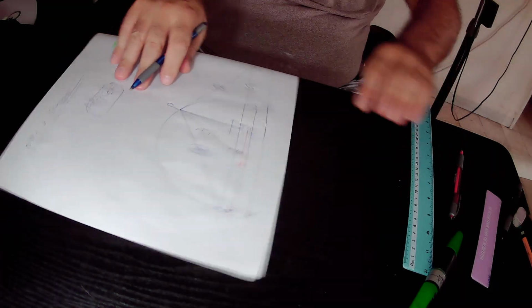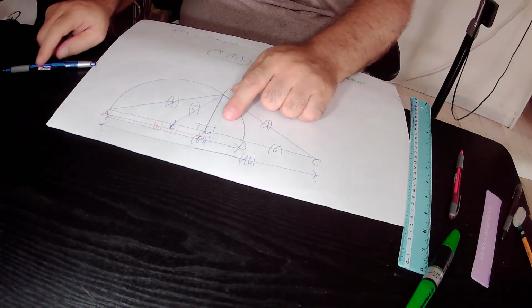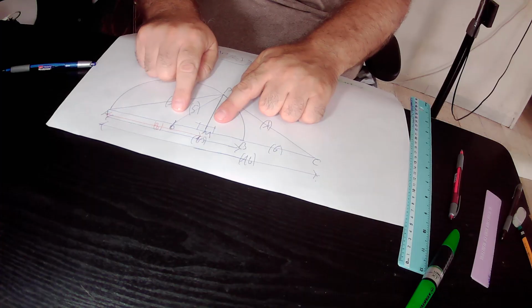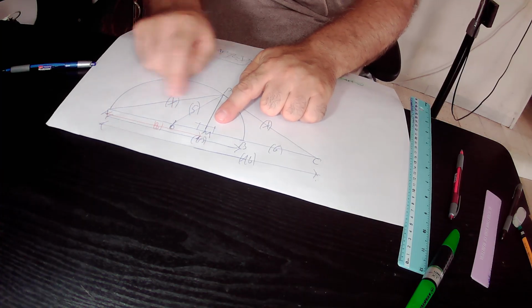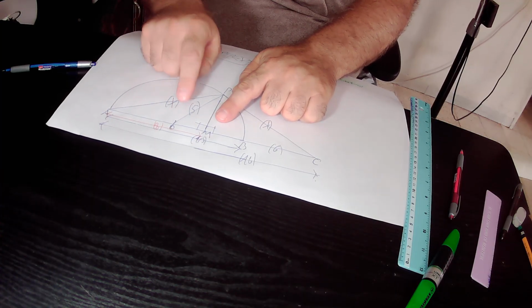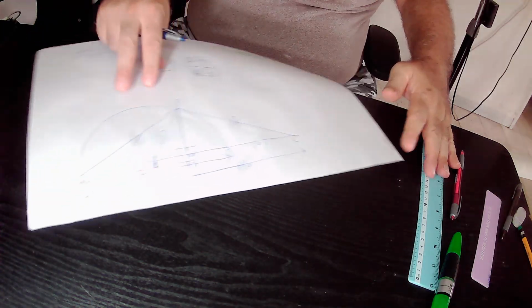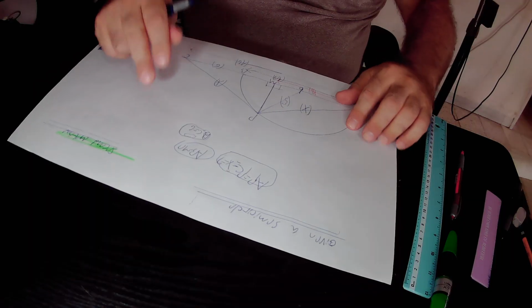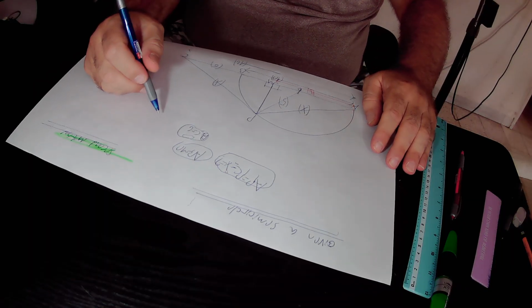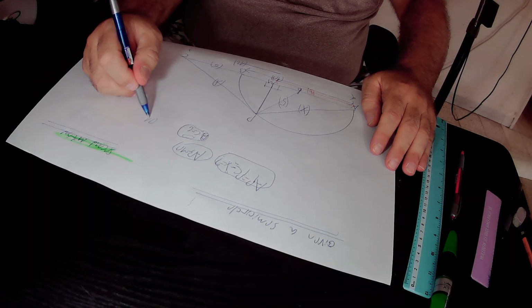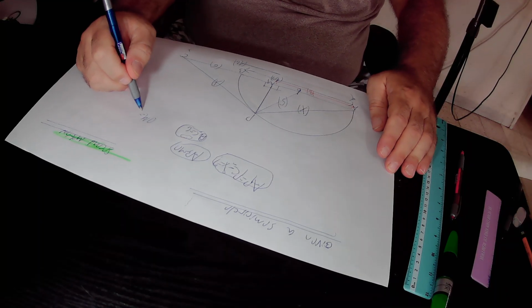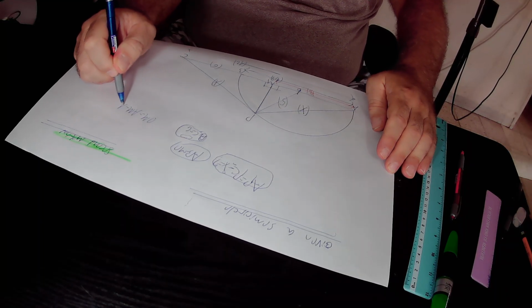What is the length of the small line segment OM? From the drawing, it is very easy to see that OM equals AM minus AO. So I write it down. The length of the short line segment OM is equal to AM minus AO.